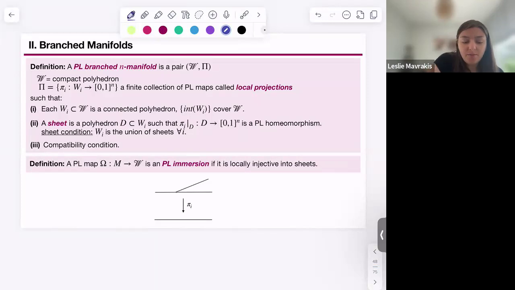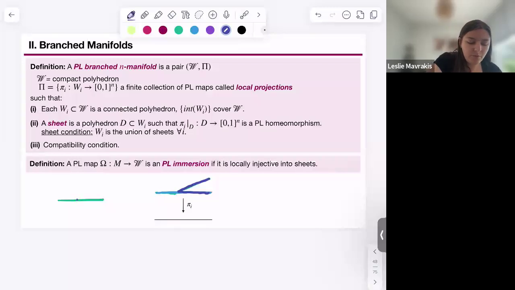In order for a map to be an immersion, if I wanted to immerse some interval into it, my options are that the interval could go like this because that's one sheet, or the immersion could go into the other sheet. What can't happen is I can't backtrack like this. I can't immerse the interval into the train track in this way, because then it's not locally injective into some sheet.